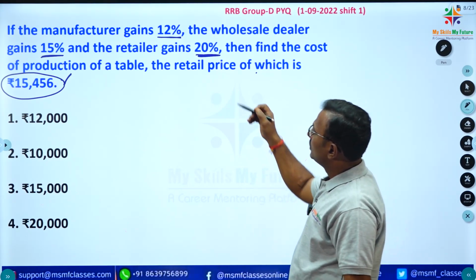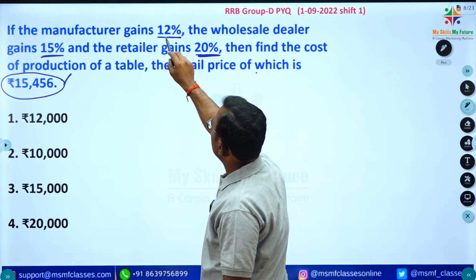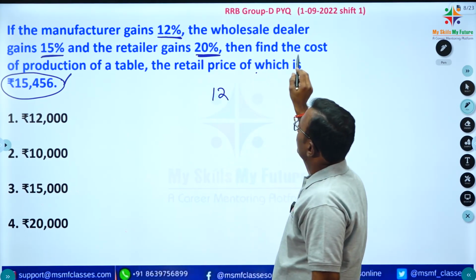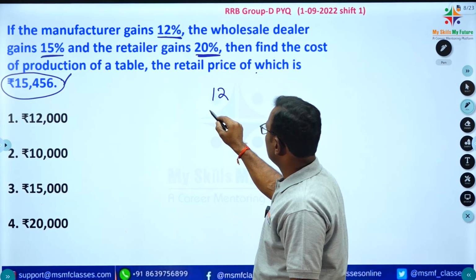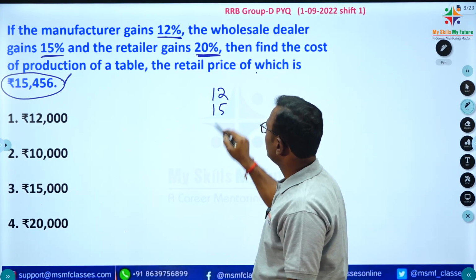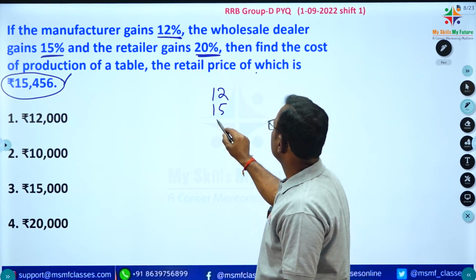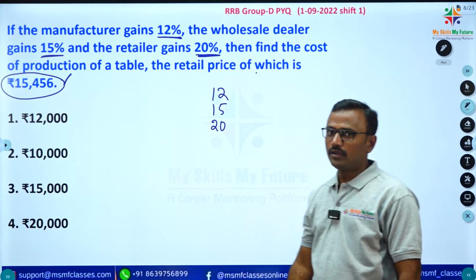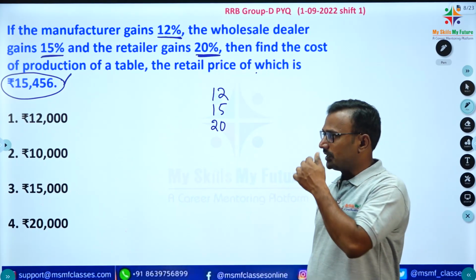So before that, what is happening? Manufacturer gains 12%, wholesale dealer gains 15%, retailer gains 20%. After that, the table retail price is 15,456.